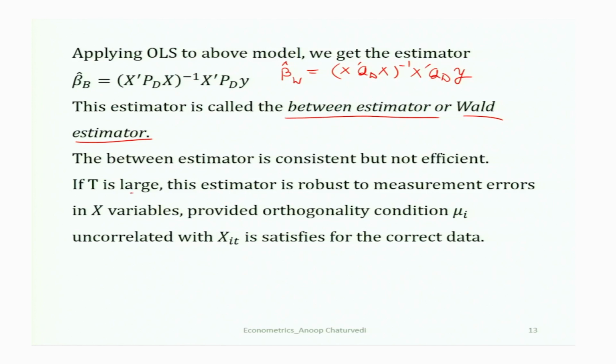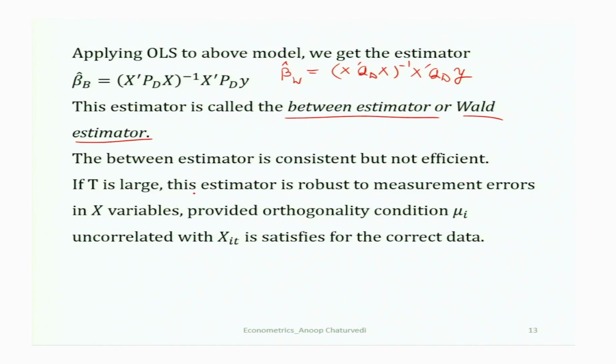Further, if T is large, this estimator is robust to measurement errors, and the reason is it deletes the individual specific effects. So, if there is some measurement error in individual specific effects, then it will not affect your estimator.